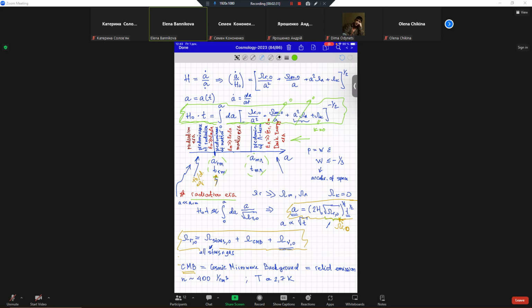So we also estimated, we need to understand which component of the universe is important for now.